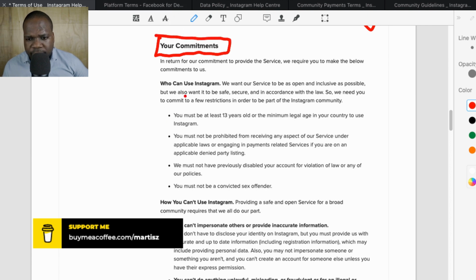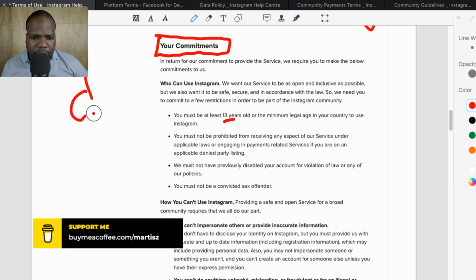Who can use Instagram? You have to be at least 13 years old. But this is your commitment. I understand why you put this in here, but you cannot prevent this and you cannot check this.